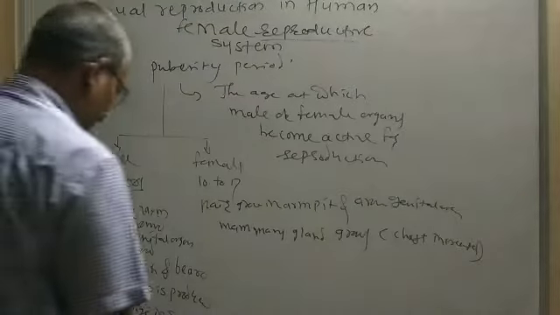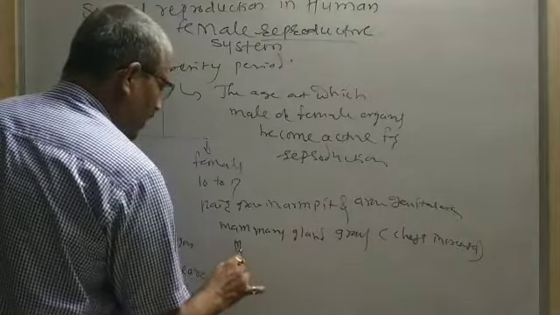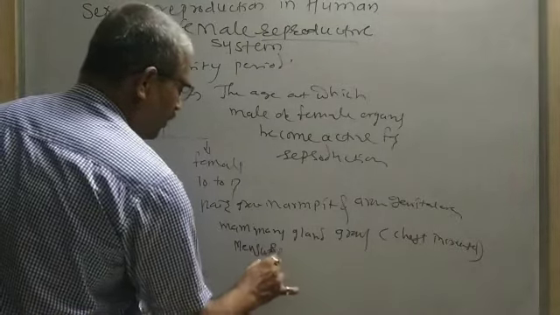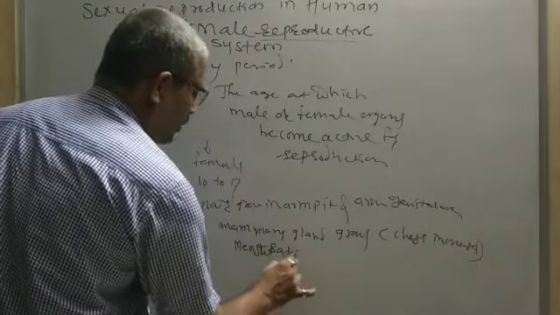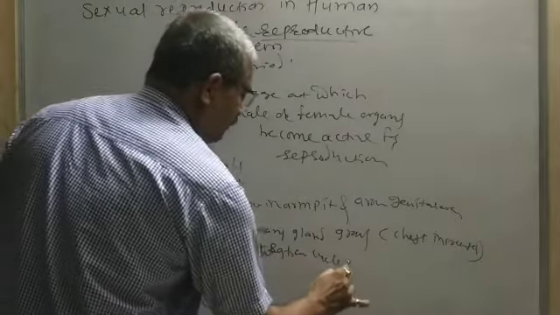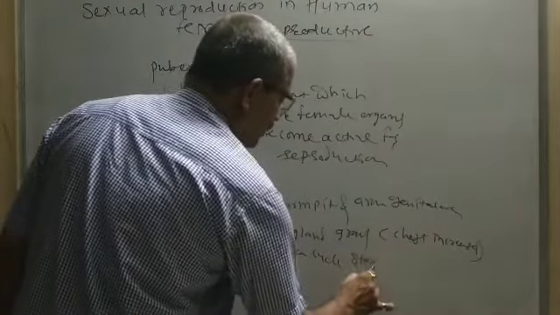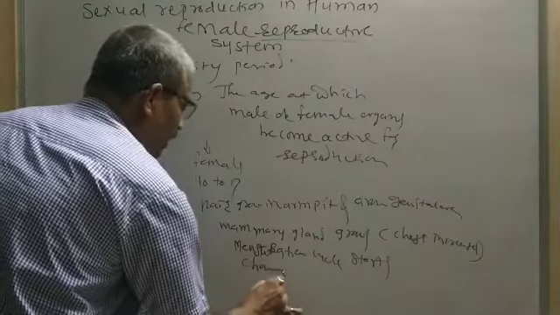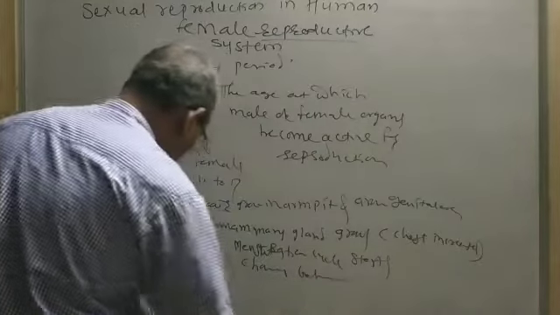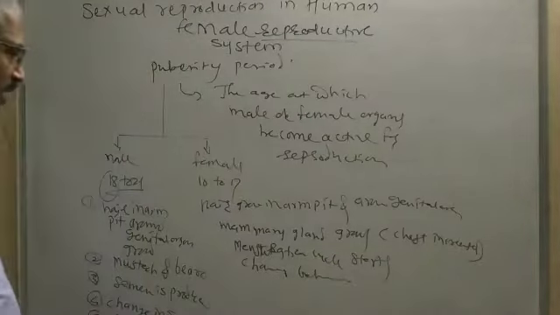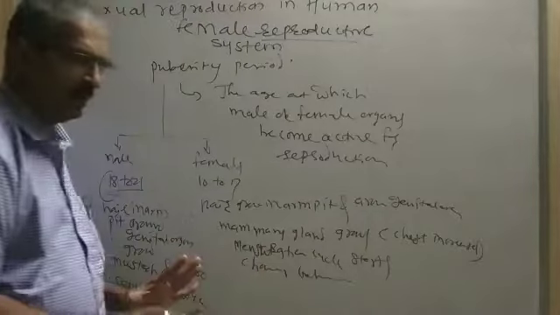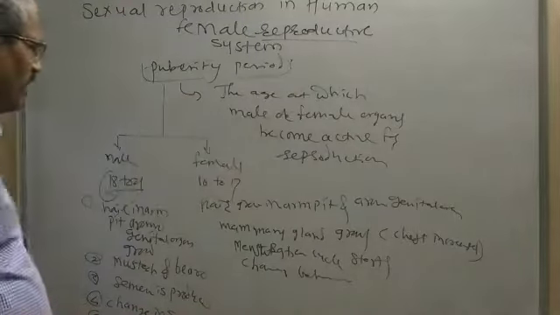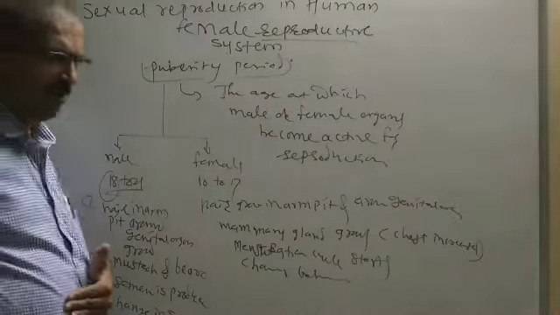The next one is that the menstruation cycle starts. And a change in behavior takes place. These are the changes taking place during the puberty period of the male and female.